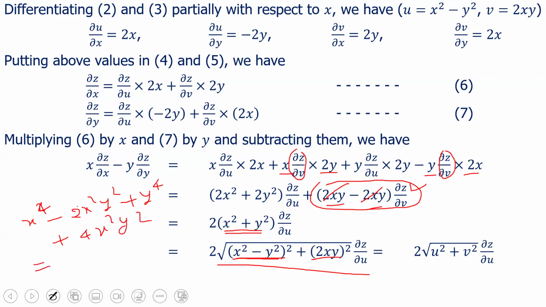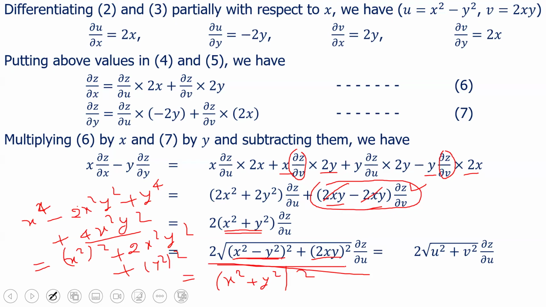If we simplify, this will become x square whole square plus 2x square y square plus y square whole square. So this can be written as x square plus y square whole square, and if we take under root of this, we will get x square plus y square.